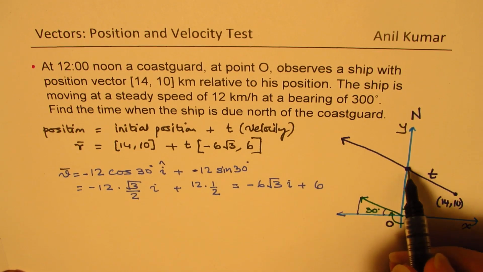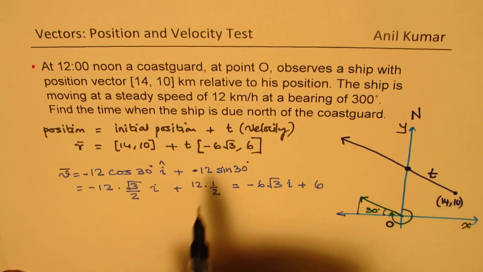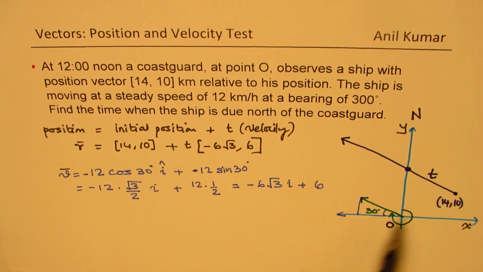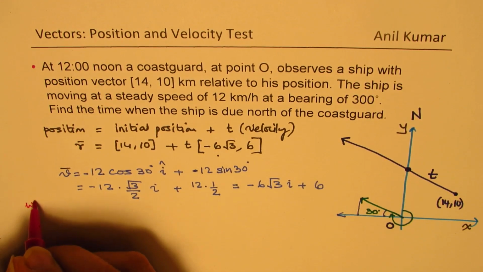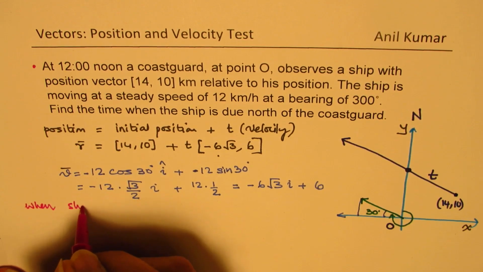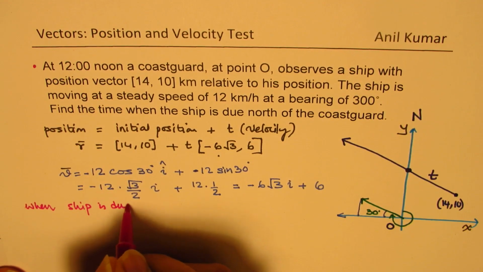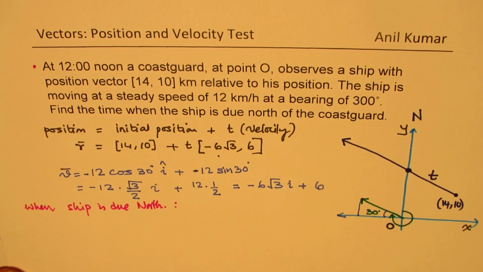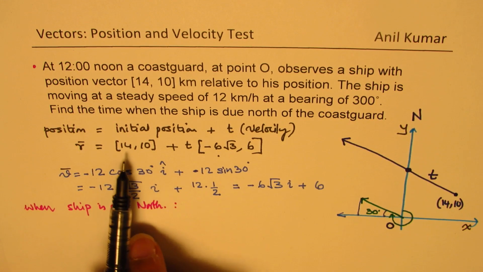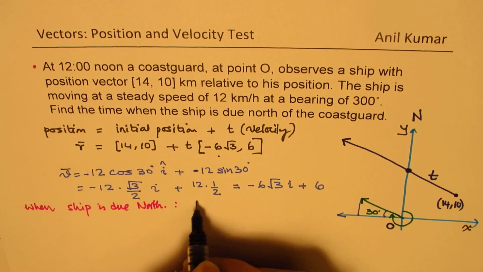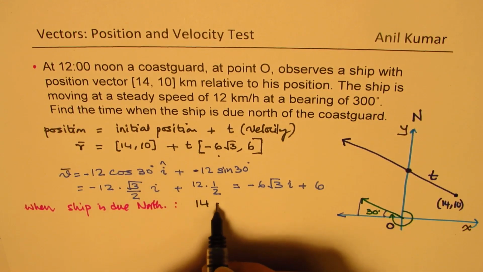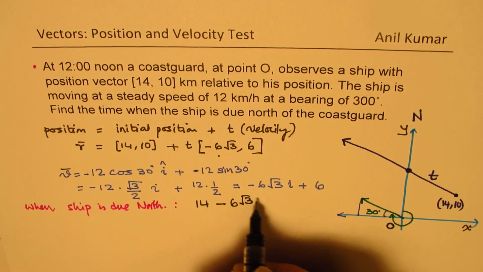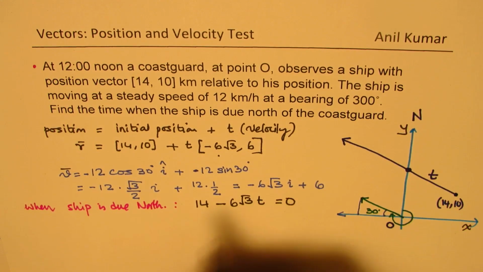Now when the ship is due north at this position, then what happens? The x value becomes 0. This is very important to understand. So when the ship is due north, in that case the x value, which is 14 minus 6 square root 3 t, should be equal to 0.